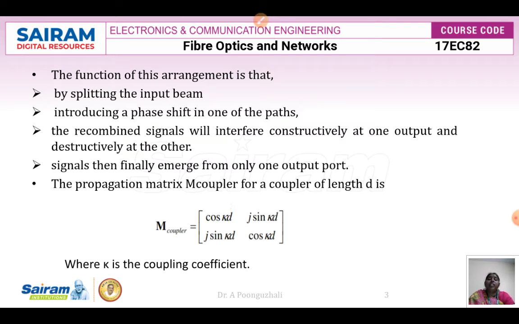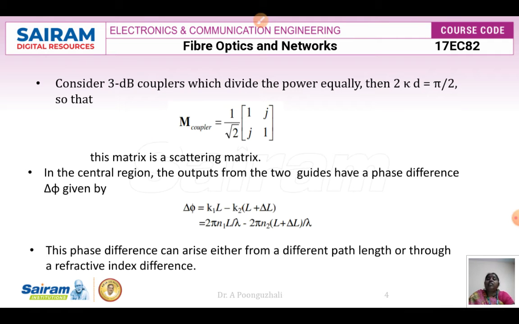So the propagation matrix of length D is cos KD, j sin KD, j sin KD, cos KD, where K is the coupling coefficient. When I consider a 3 dB coupler which divides the power equally, then 2KD is equivalent to pi by 2. That means my KD value is pi by 4.